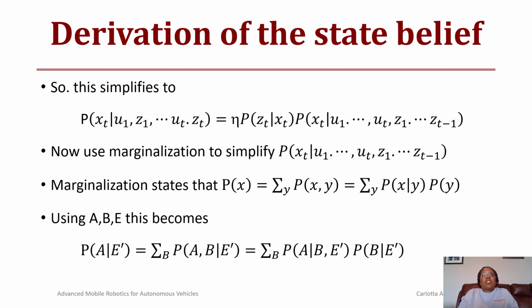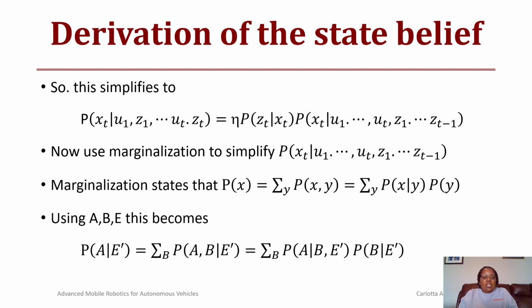So recall that marginalization stated that the probability of x is the probability of x and y over all possible values of y, which can also be written as the summation of the probability of x given y times the probability of y, summing over all possible y's. So we're going to do another A, B, E substitution.